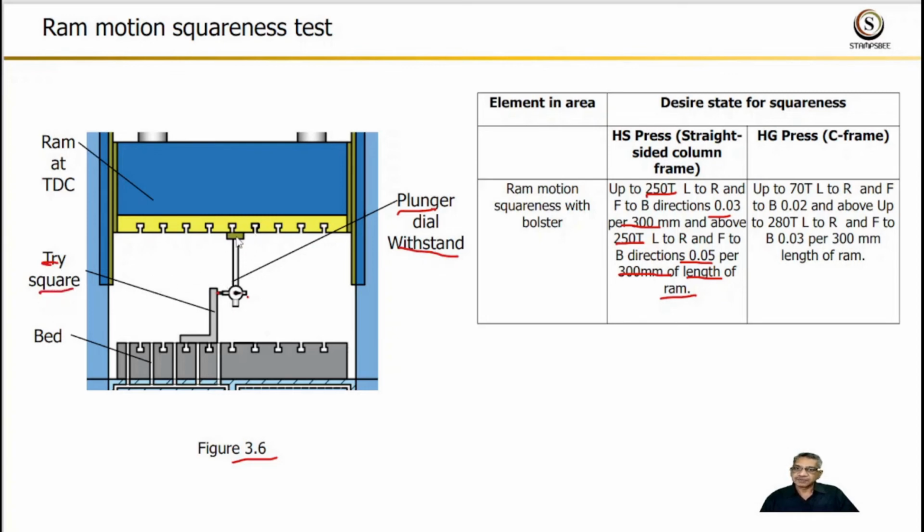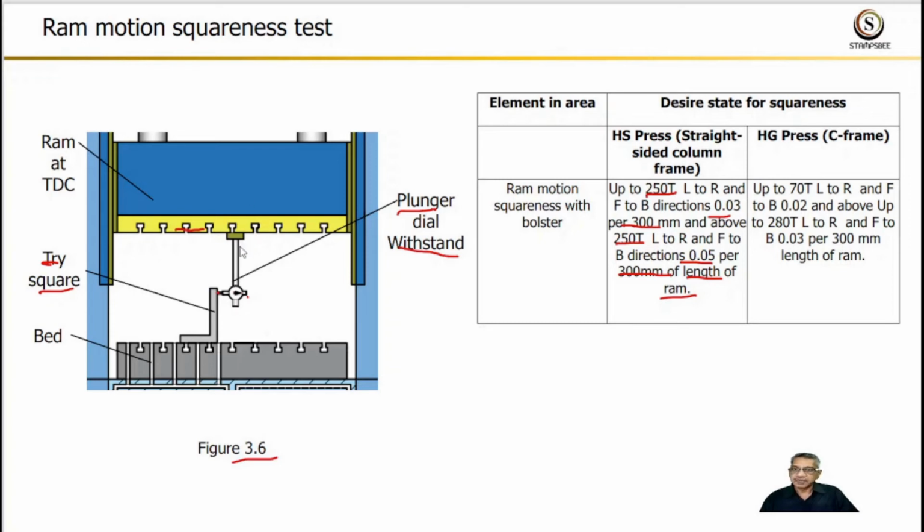The method is first ensure that the ram parallelism is within specification. Set the ram at TDC and adjustment in a down condition. Set the tri-square on a bolster as shown in the figure. Set the plunger type dial and pointer in such a way that there is suitable pressure on the pointer.